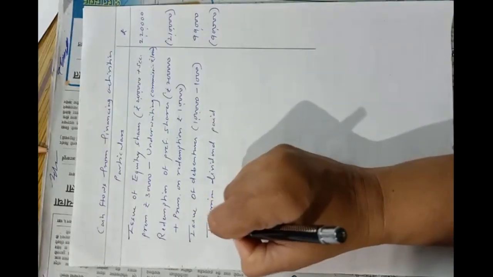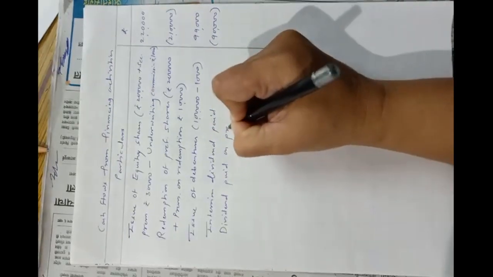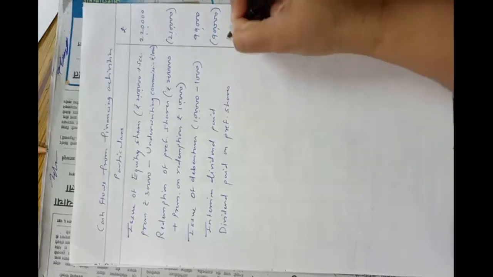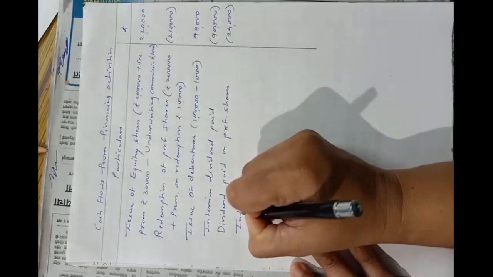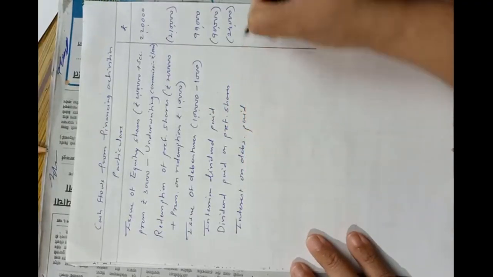Now the next entry: interest paid on debentures, rupees 14,000. Okay, so we have entered all the additional information with the help of the given information here.